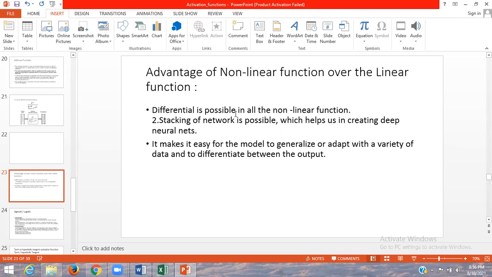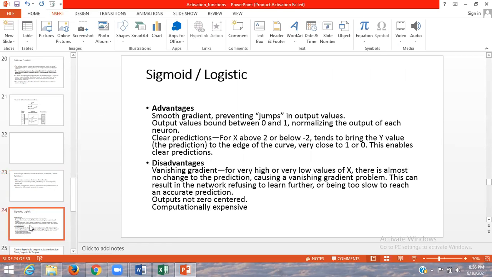It is differentiable. We can calculate the gradient at each value. And it helps us to create deep neural networks also. Because they are designed to work on complex data, a variety of problems can be solved by the non-linear functions.